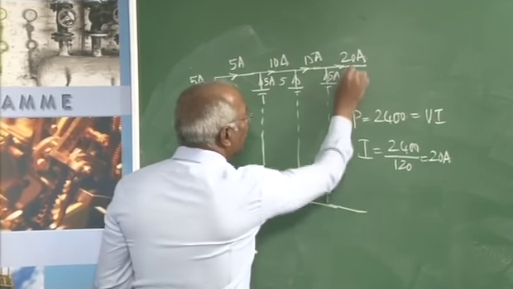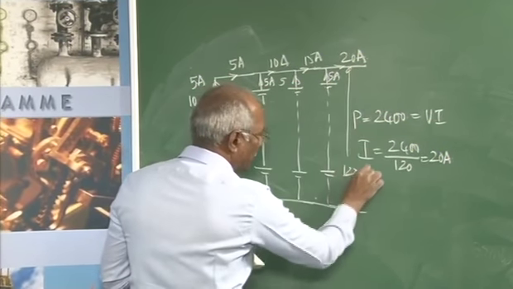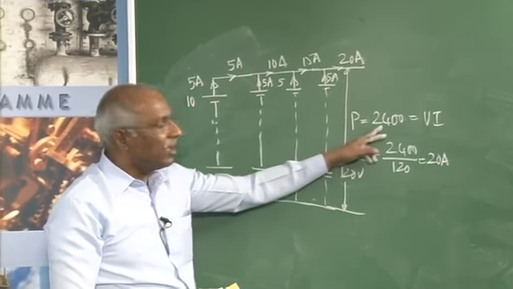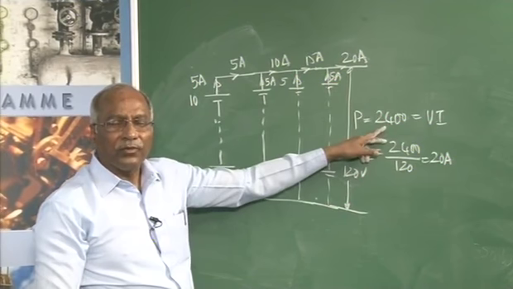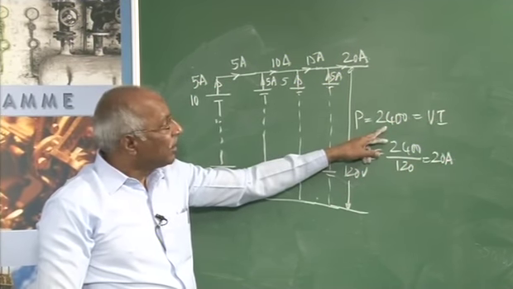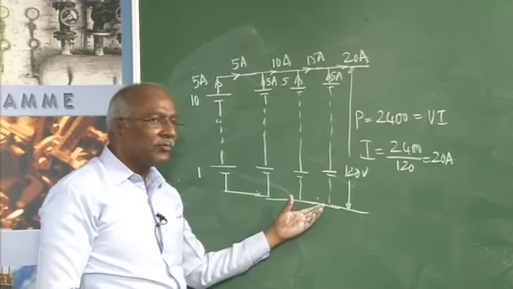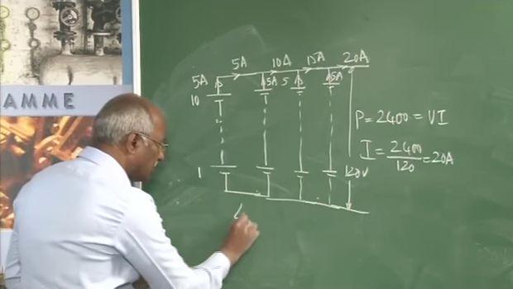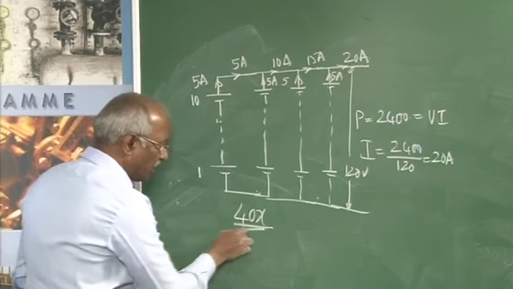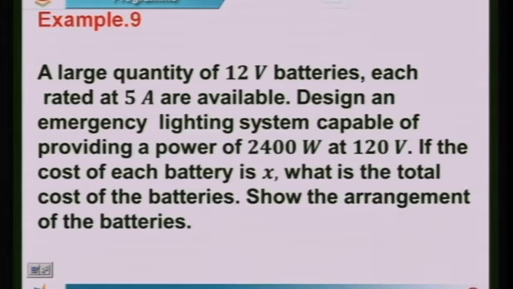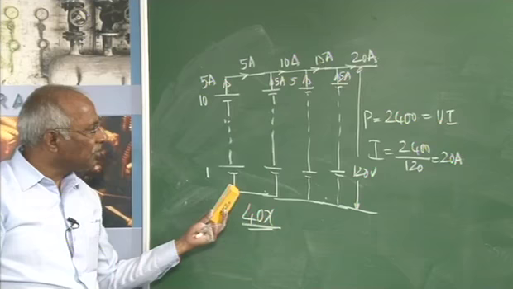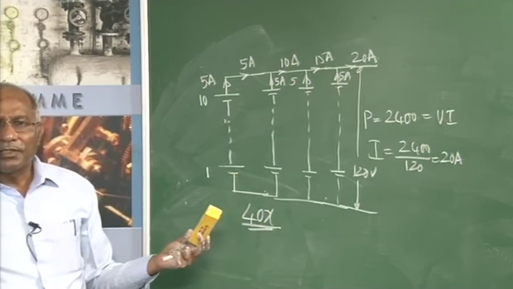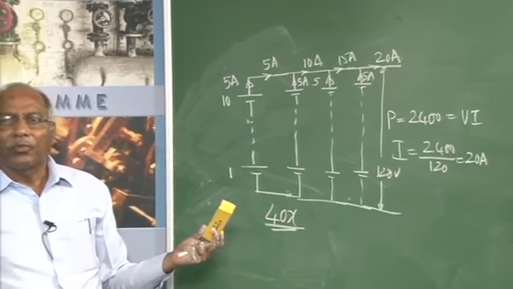From here to here is nothing but 120 volts. 120 into 20 will give a power of 2400 watts. Therefore, the number of batteries required is obviously 10 into 4, which is 40. The total cost is obviously equal to 40x. So that is how the batteries will be connected to get the required voltage as well as the required output.